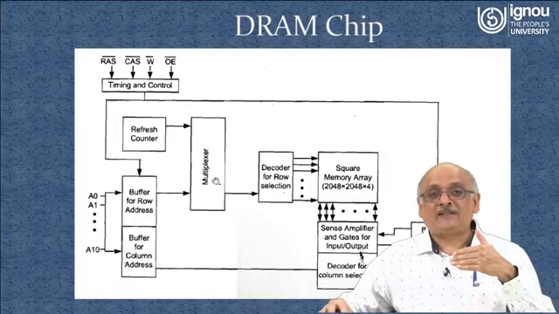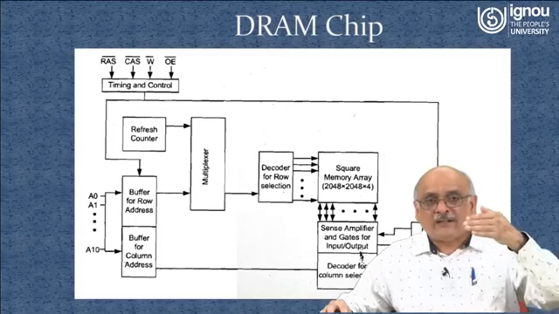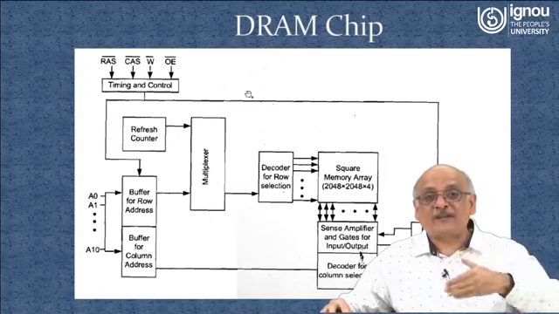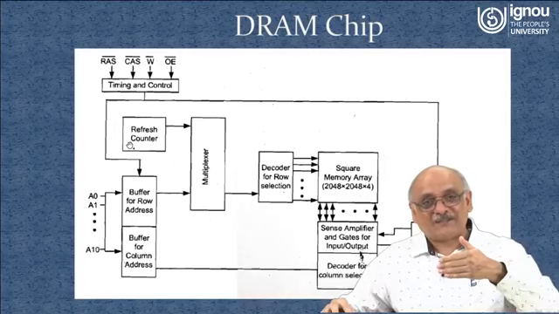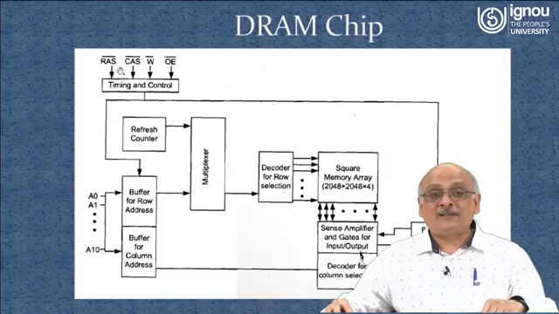Refreshed means the DRAM chip is basically a capacitor type of memory, so it starts losing its content. So it needs to be refreshed over a period of time. The refreshing itself is going to take time, so obviously this chip is going to be slower than the SRAM. Now, let's look into some of the things which we can do with this DRAM.